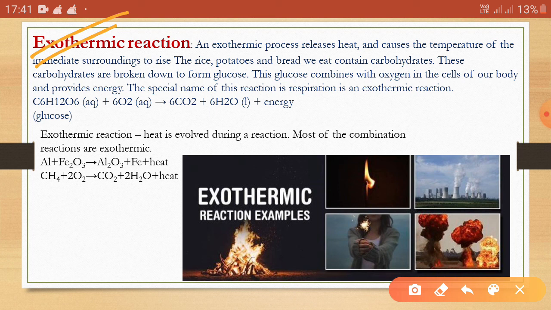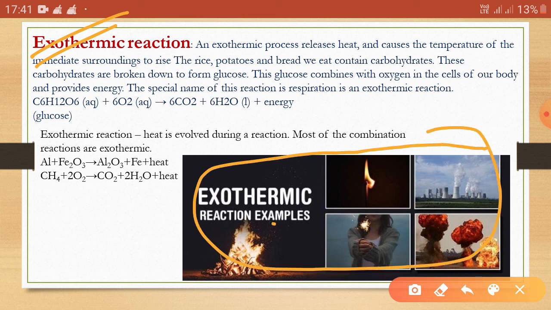These carbohydrates are broken down to form glucose, and this glucose combines with oxygen in the cells of our body and provides energy. So respiration is an example of an exothermic reaction, as it releases heat and causes the temperature of the immediate surroundings to rise. The examples given below in the pictures are the burning of coal, the burning of wood, burning of a stick, and the explosion of a bomb.